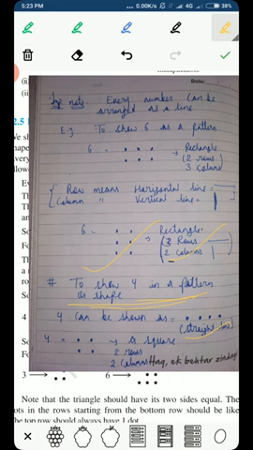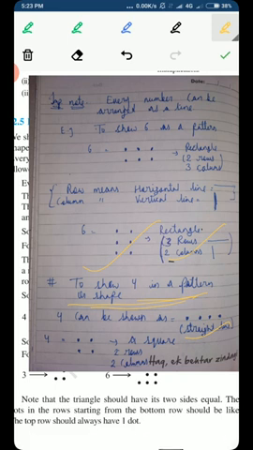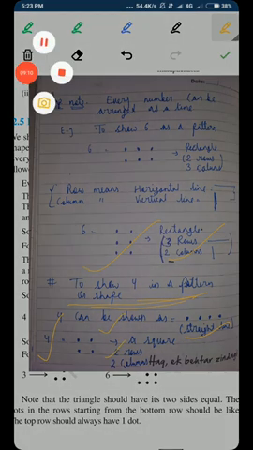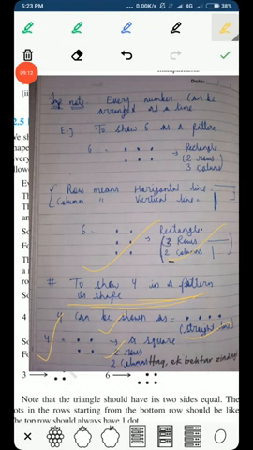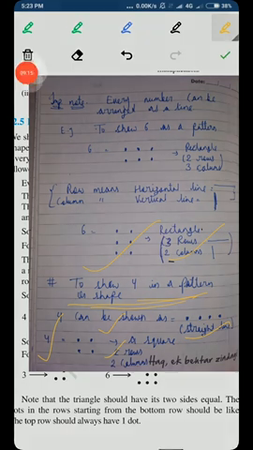If we have the number 4 to express in the form of a pattern, then we can use only 4 dots. So this is 4 expressed in the pattern of a straight line. Now here we have expressed 4 as a square: 2 dots in the first line and 2 dots in the second line. So this is the pattern of a square.